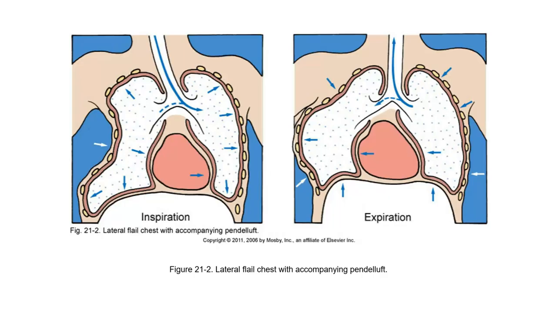This also causes pressures on the heart, which can change cardiac output and diminish venous return. So not a lot of new gas gets into the lung because of the pendeluft.